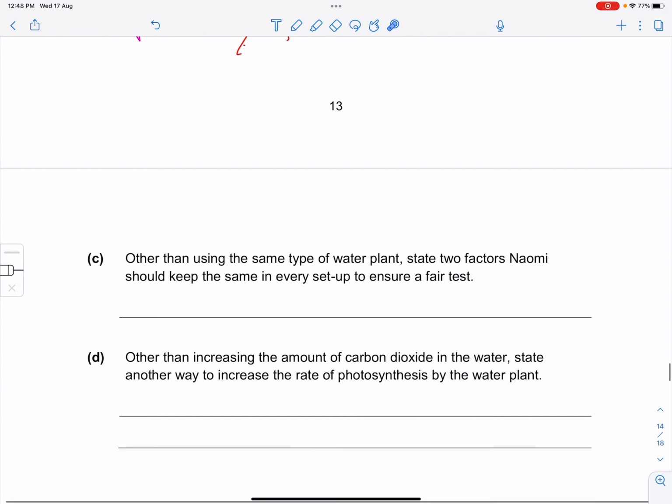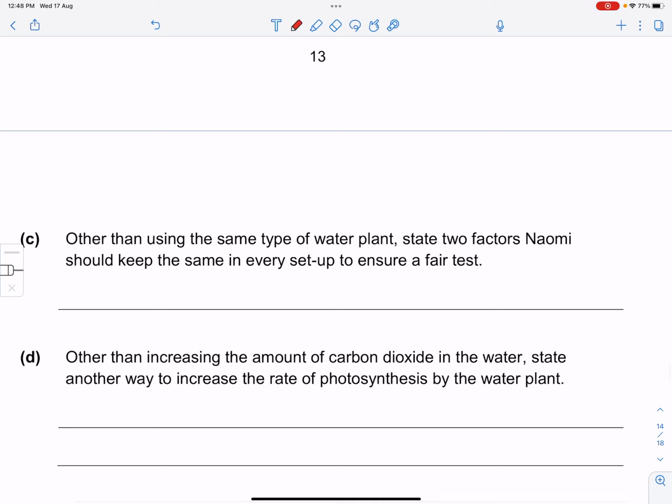So what are some of the things I accept that I think would be good? Light intensity. Now, many of you have chosen to use the words amount of light, amount of brightness, and so on. I've told you this before also. The correct term to use to describe the brightness of light would be light intensity. Learn this correctly, because when you go on to secondary school, this is what is needed of you.